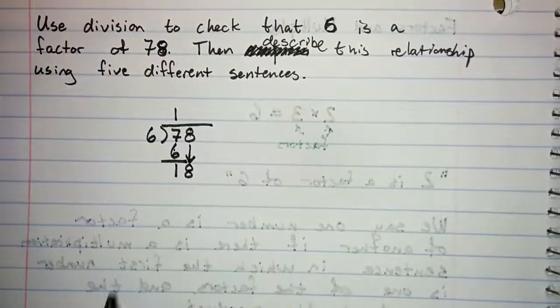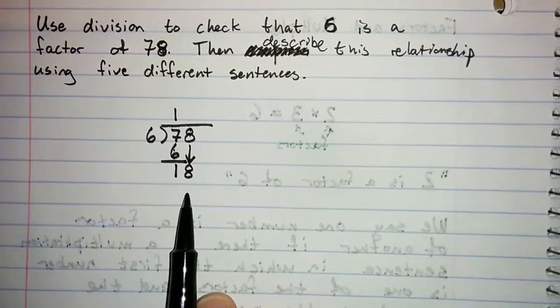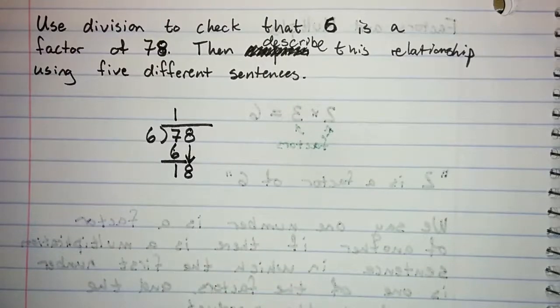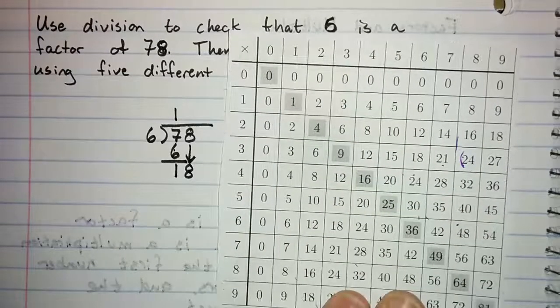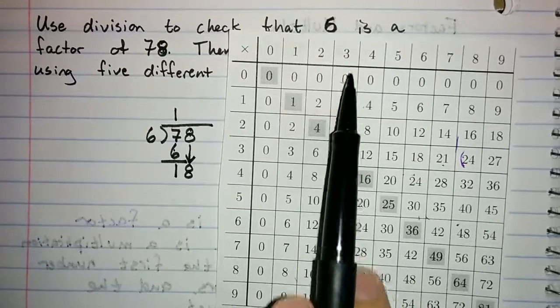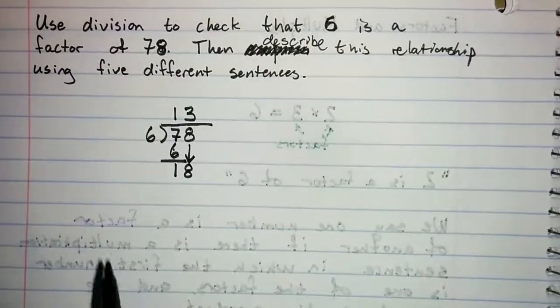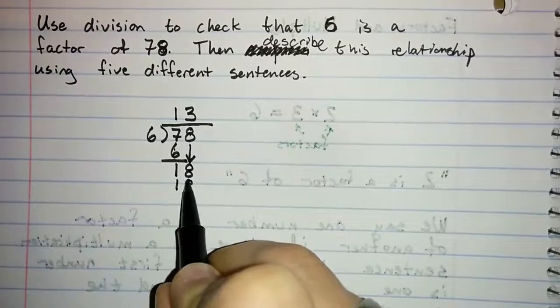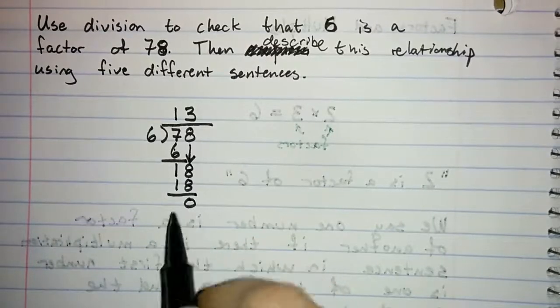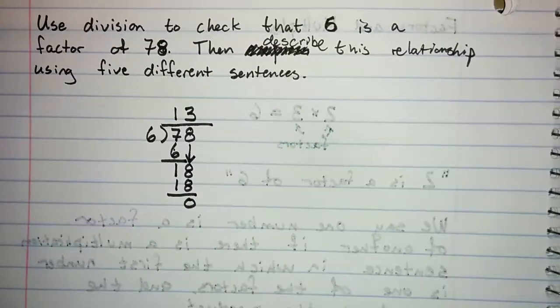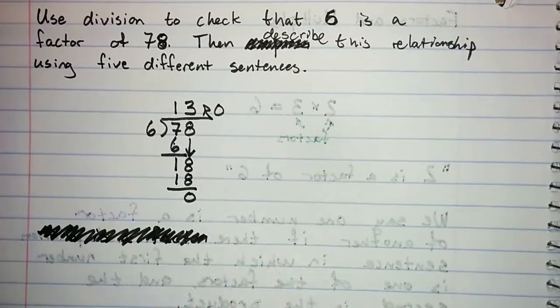Bring down the 8. 6 goes into 18, 3 times. 3 times 6 is 18. So there's nothing left over. Since the remainder is 0, that tells us that 6 is in fact a factor of 78.